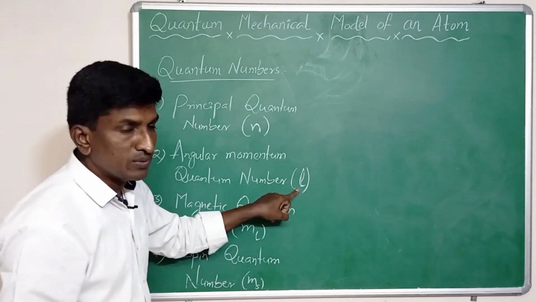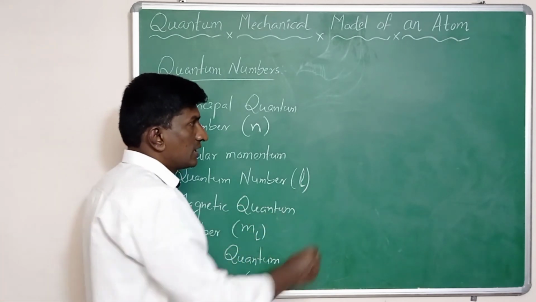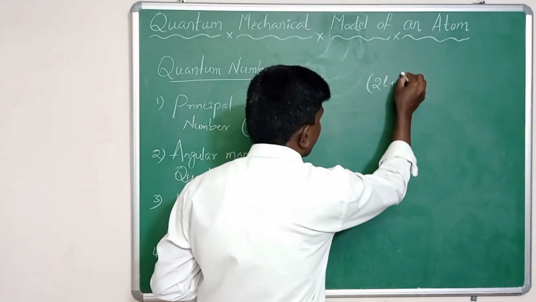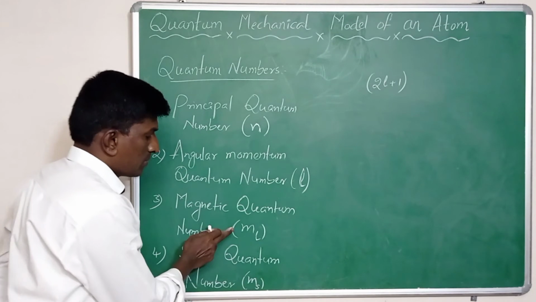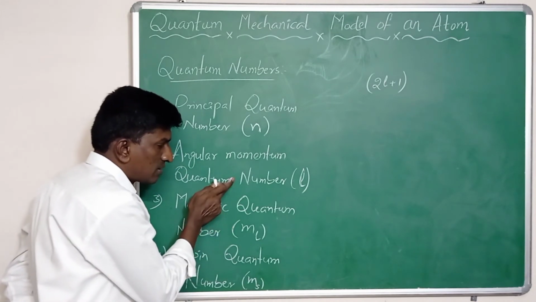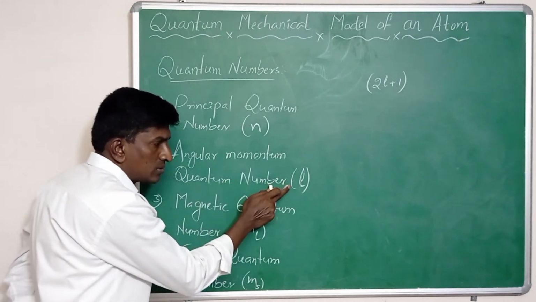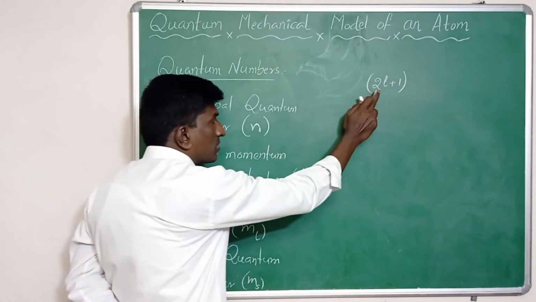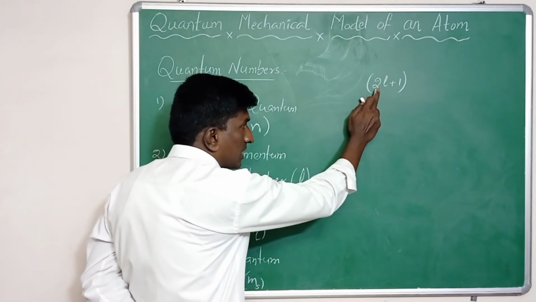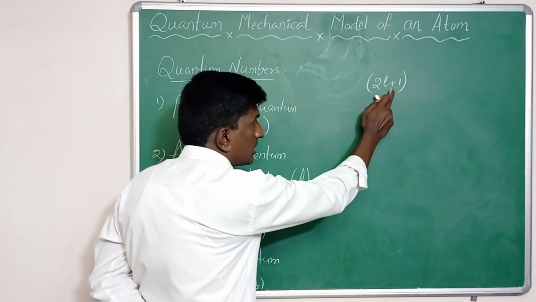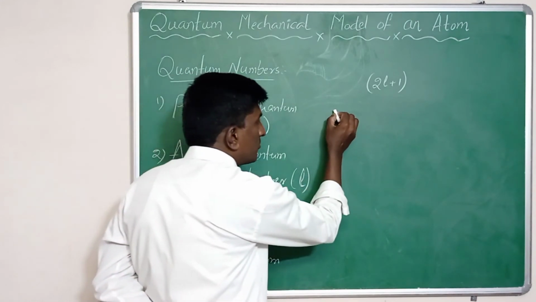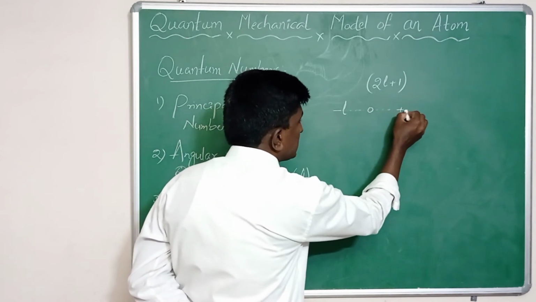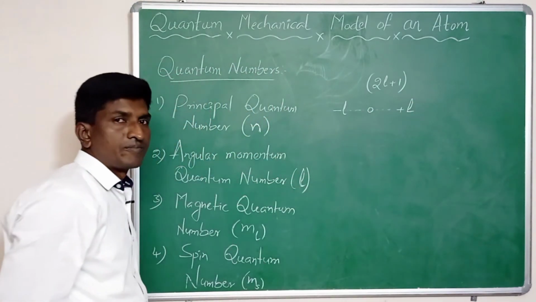For any given l value, the total number of ml values, or magnetic quantum number values, is 2l plus 1. The minimum value is minus l and the maximum value is plus l.